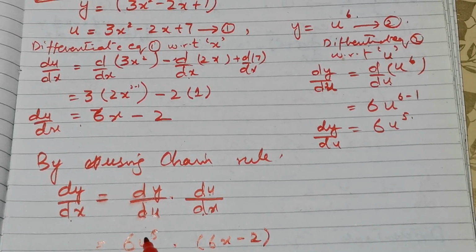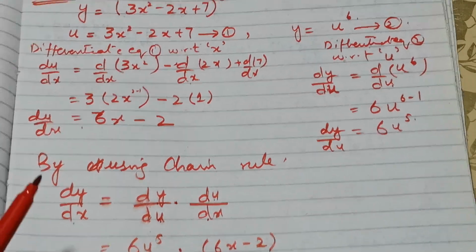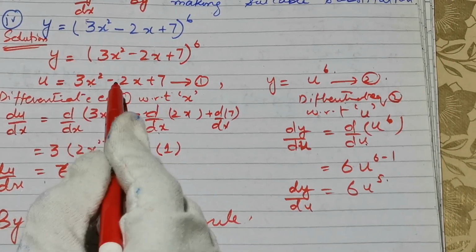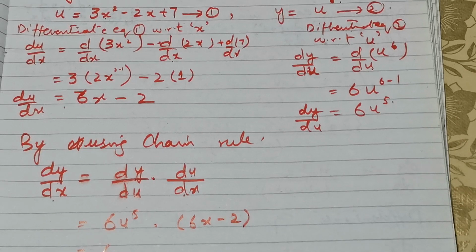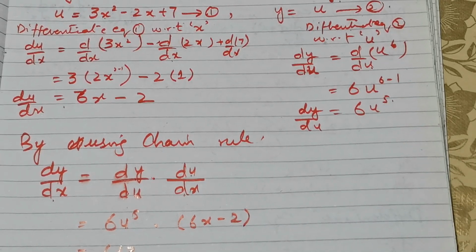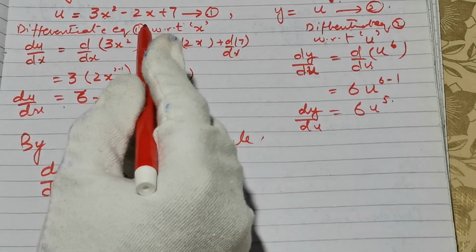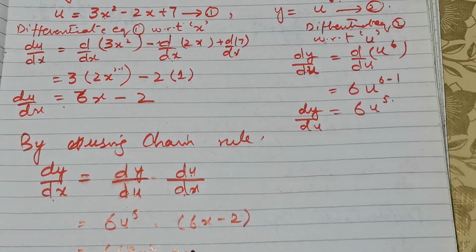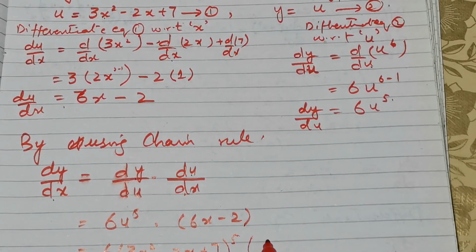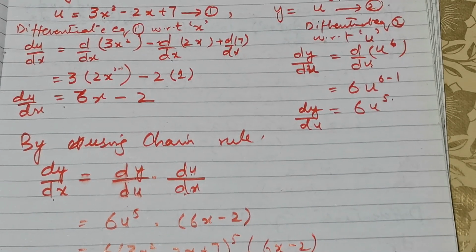Now what did we consider u as? 3x square minus 2x plus 7. So put the value of u: 6 times (3x square minus 2x plus 7) whole raised to power 5 times (6x minus 2).